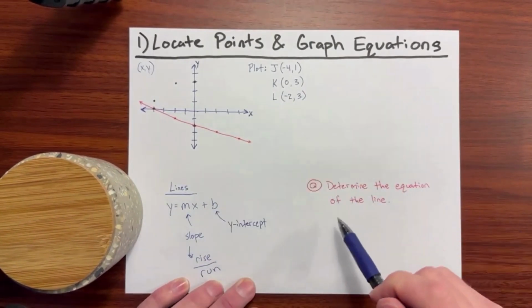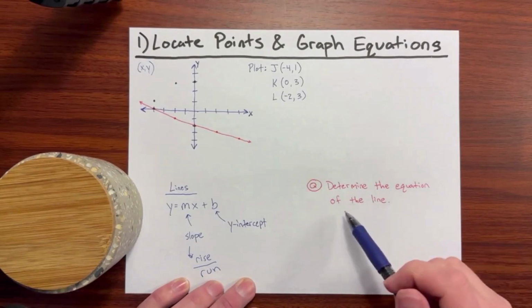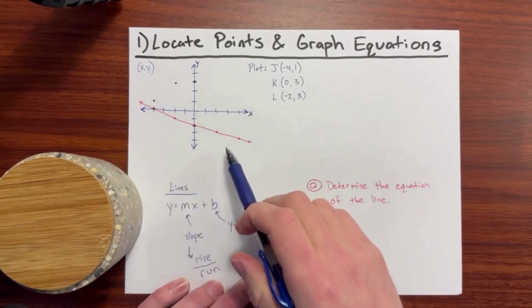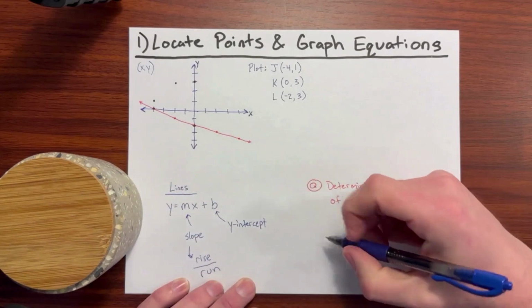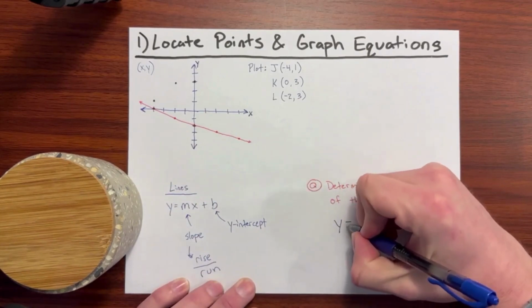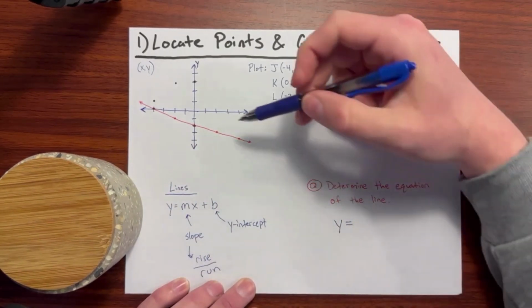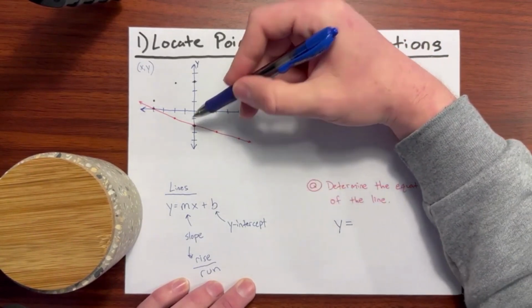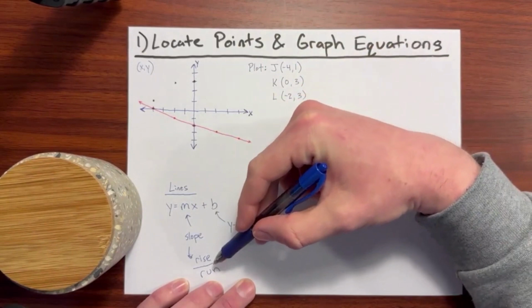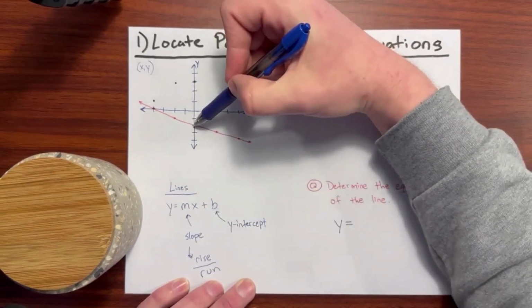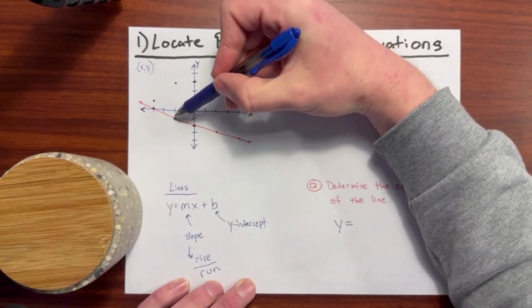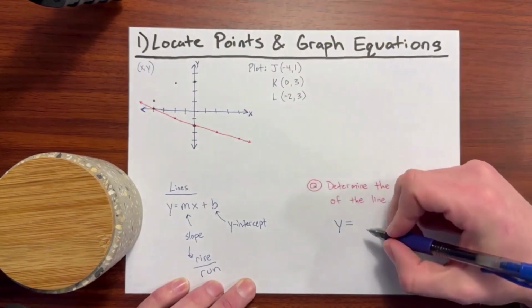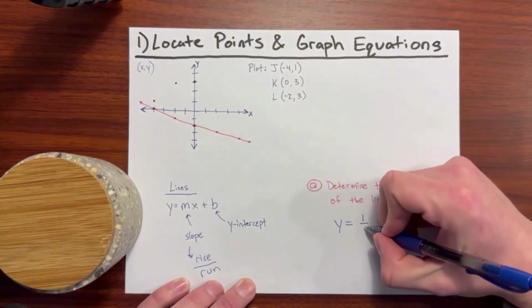So let's say that the question asks you to determine the equation of the line shown here. We can start by knowing that the equation will start with y equals, and then let's find the y-intercept, that is -2, and the slope being the rise over the run, it comes up 1 and over 2. Okay, so we know that it is going to be 1/2.